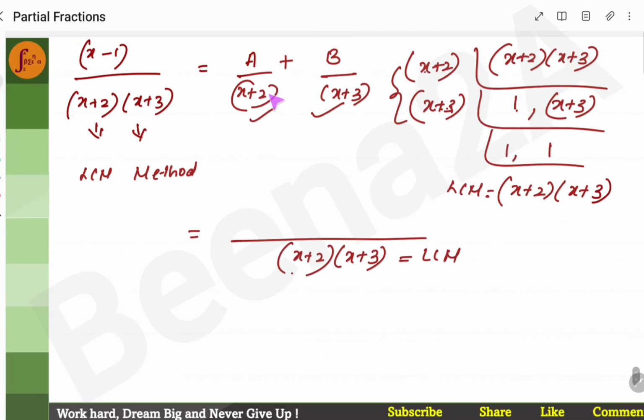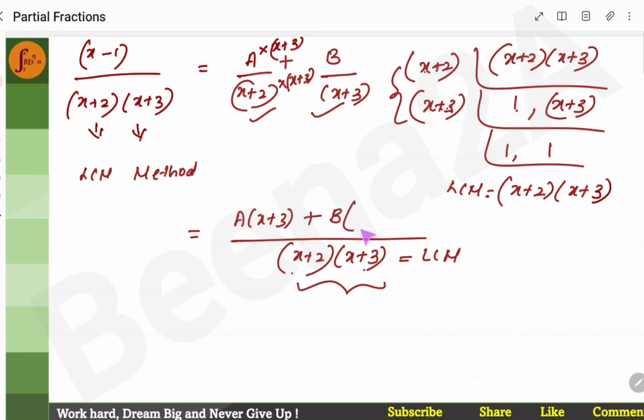Now, what should I multiply with this denominator to get this LCM? I already have x plus 2. I don't have x plus 3. So if I multiply this with x plus 3, I'll get this LCM, correct? So I should not multiply x plus 3 here, but I should multiply x plus 3 with the numerator. So x plus 3 into A, I'll get A into x plus 3.